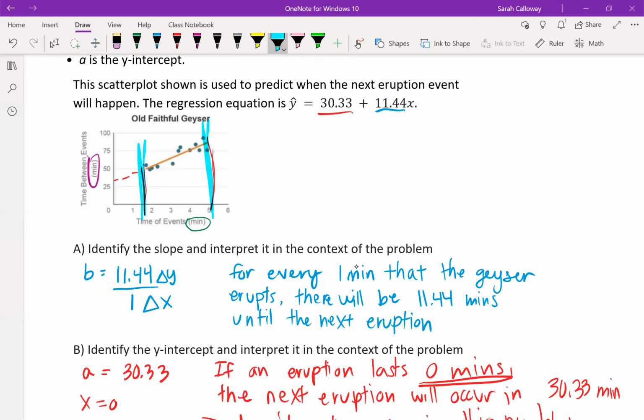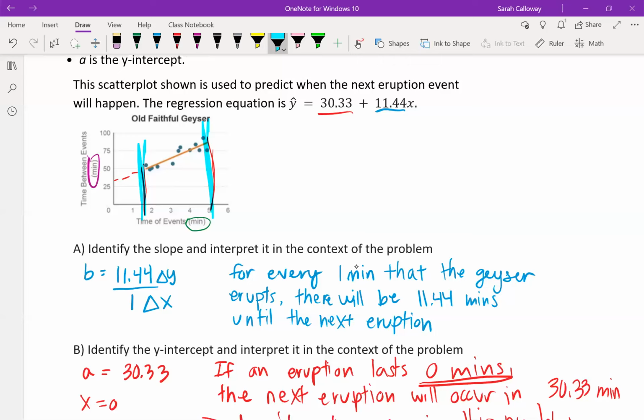So an x value that fits between that range is going to be more accurate than a value that's outside of that. The domain of our scatter plot starts at about 1.5 and ends at 5. If I end up with an x value outside of that domain, then it's going to be less reliable than a value inside that domain.